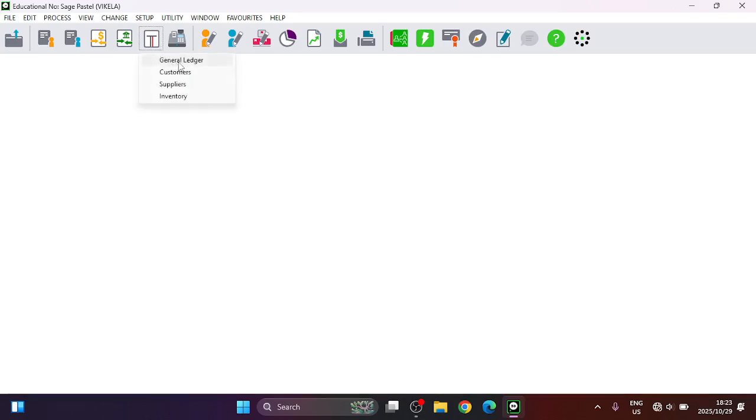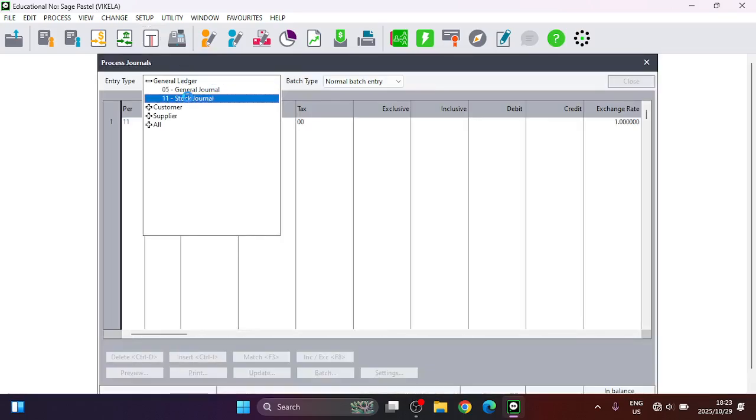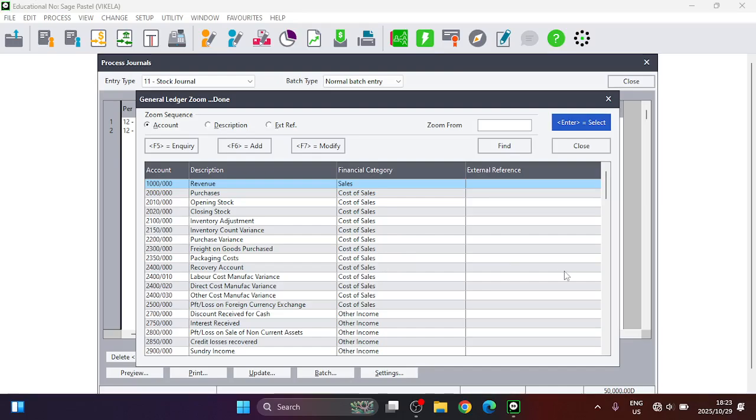You're going to go to general ledger. You're going to find the stock journal. You're going to find that your row 1 has been captured. You now go to row 2 and you're going to change the date to the last day, and you're now going to debit the asset, which is the inventory account.